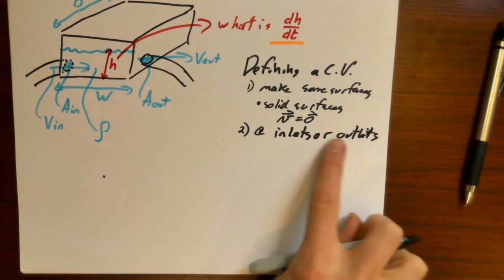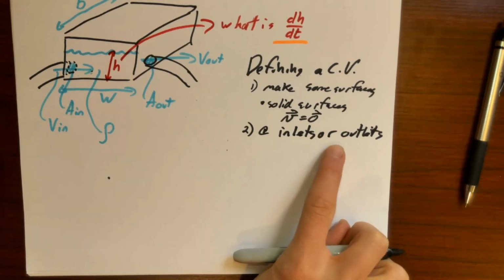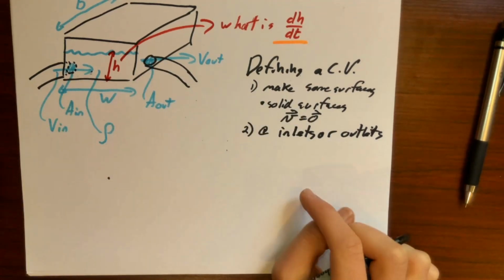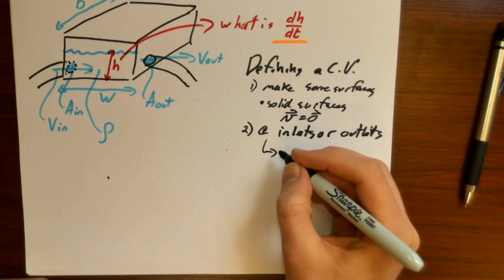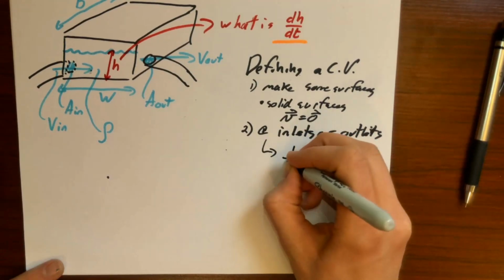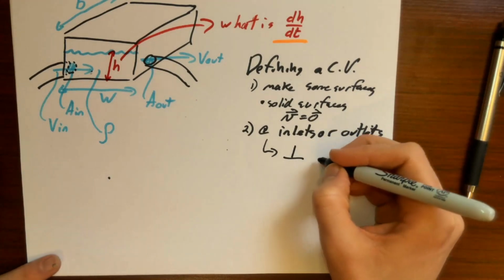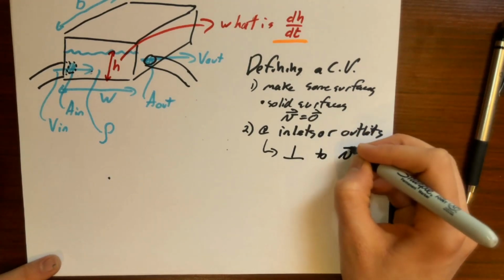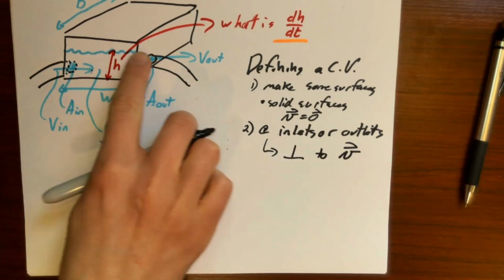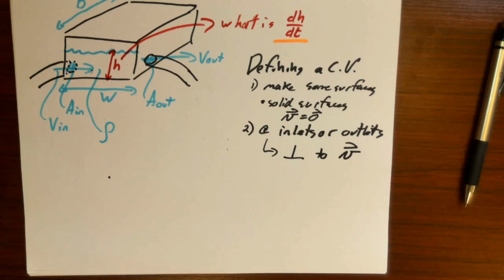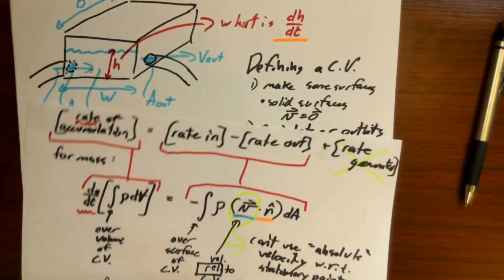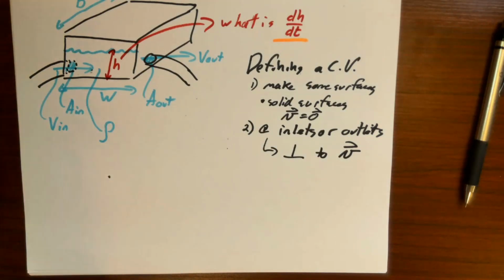And this is going to be easiest and most helpful if we choose to define our control surface to be perpendicular to the velocity. If we make our control surface perpendicular to the velocity, then this dot product is going to be a cinch. That's going to be super easy.